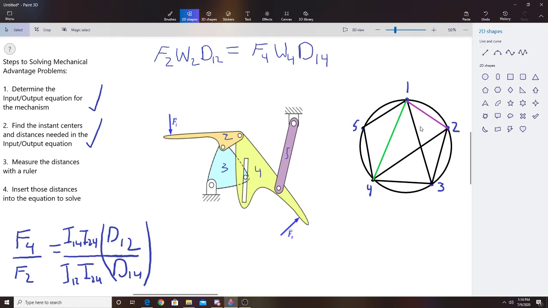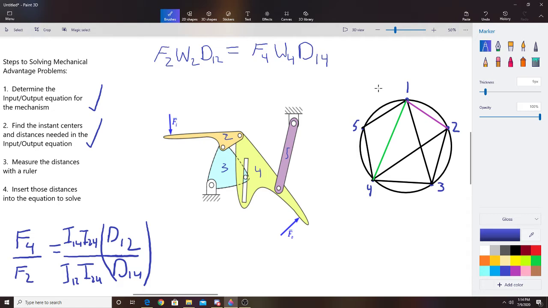So I don't think you can actually do I12 yet, but you can do I14. I14, which is this right here, you would use this pair. And let's do black. You would do this pair and this pair to make that triangle, and then you would do this pair and that one to use that as well.